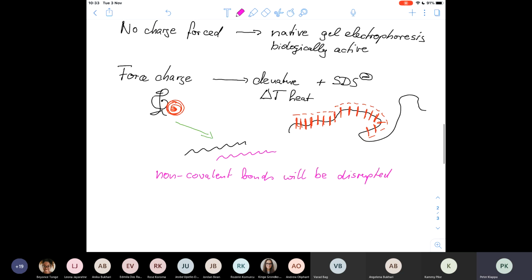So for example, what is a non-covalent bond? Give me some examples for non-covalent bonds. Ionic bonds. What else? Hydrogen bonds.